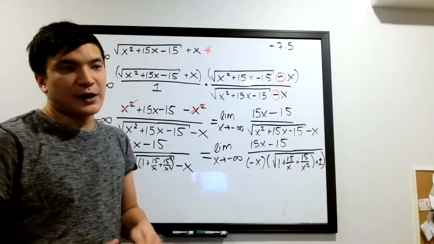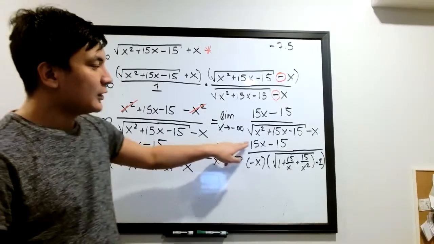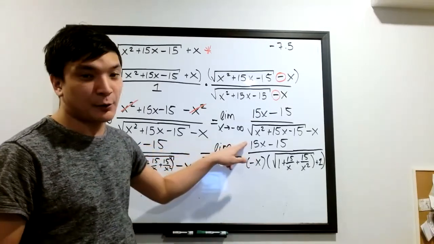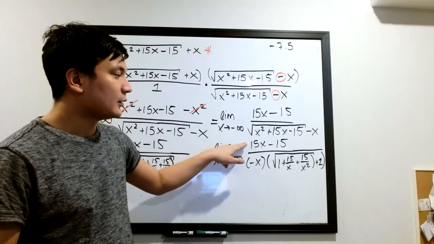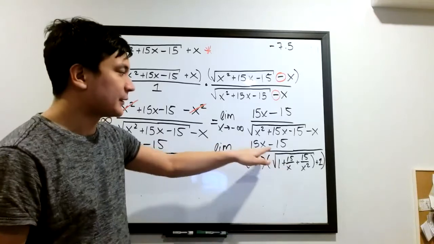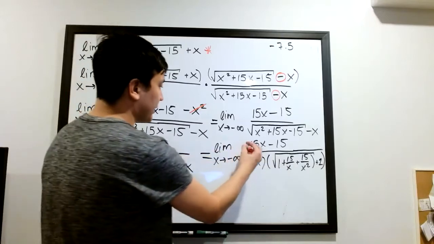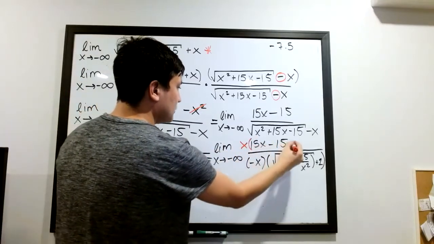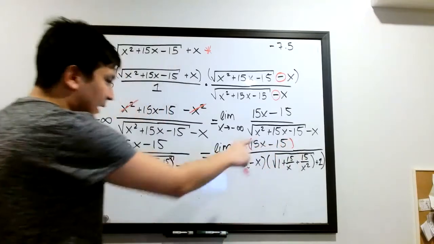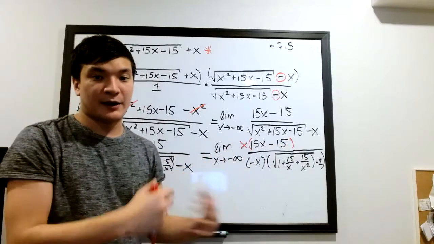Okay. Something else we can do is factor out the x in the numerator, right? So we can pull out an x here, and then what's inside, we just divide by x to balance it out.